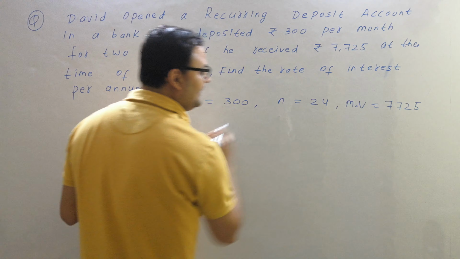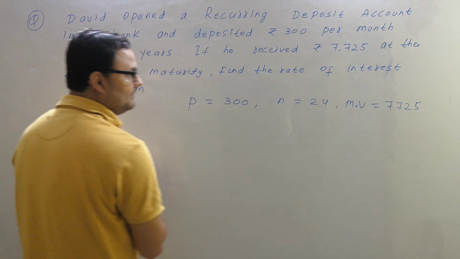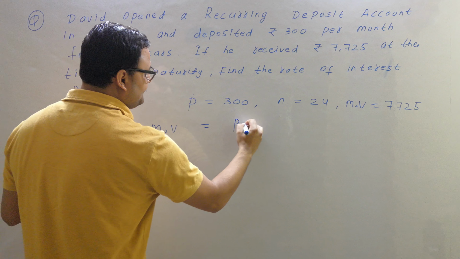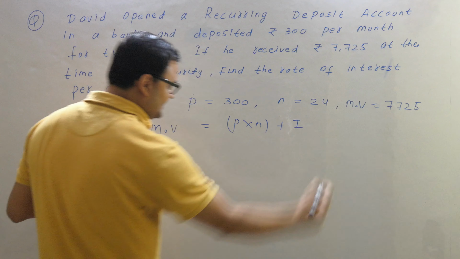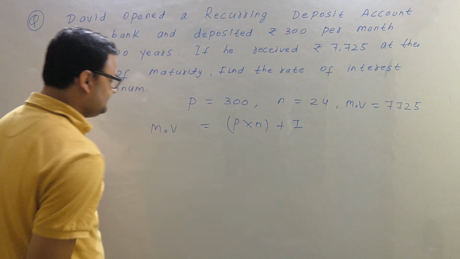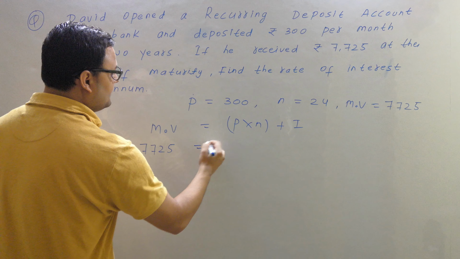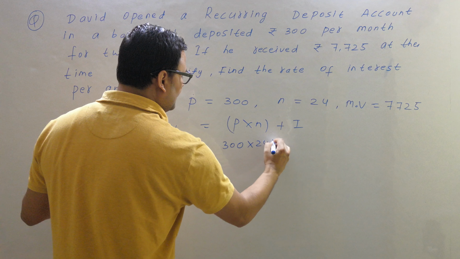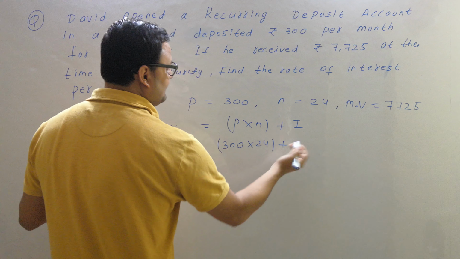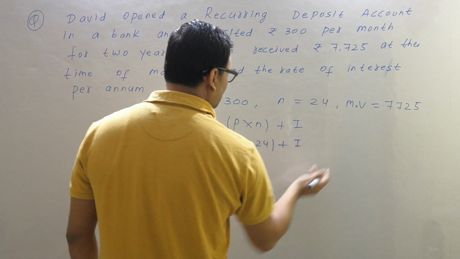So now we have one formula: maturity value is equal to P into n plus interest. What is given? Just use the data. 7,725 equal P is 300 into n 24 plus I, that I don't know.